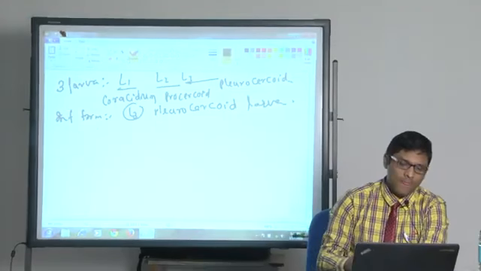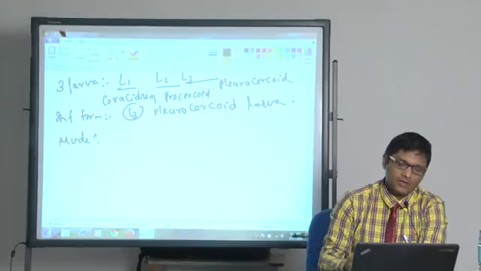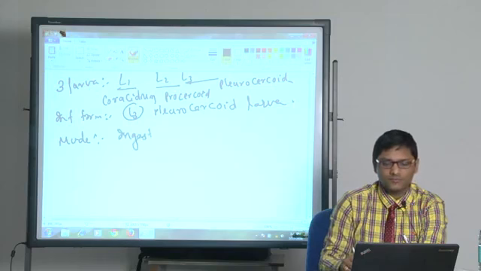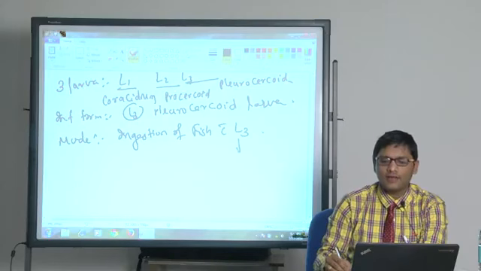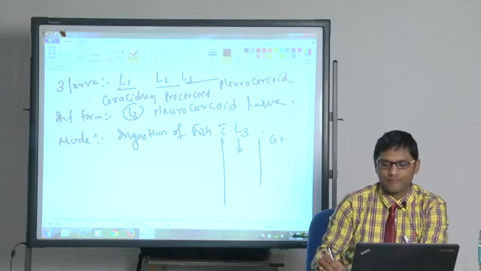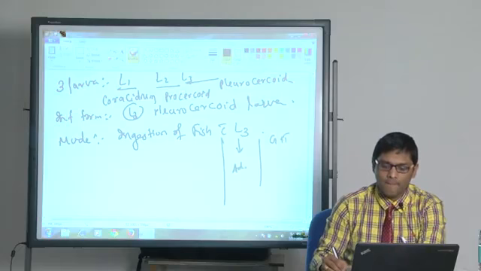So, the mode of transmission is ingestion of fish containing L3 larva, and this L3 larva inside the GIT will become adult.